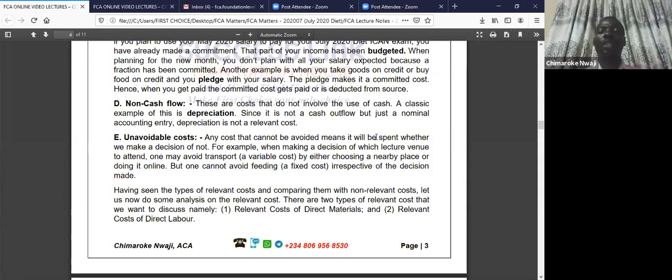If you are choosing a center where you will attend lectures, you may want to consider transport. How much will my transport fare be? So transport fare becomes a kind of variable cost. If you attend a center that is very near to you, you might not spend on transport. If you attend any place further than that, you may spend maybe 100 naira for transport.